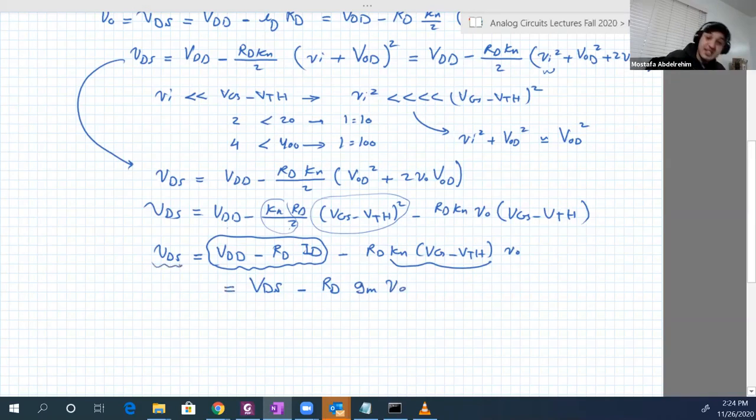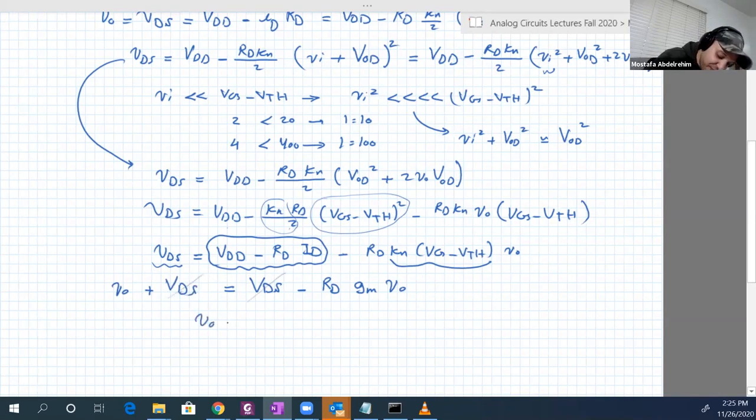Remember, this voltage VDS is the AC and DC portion at the drain, where vo is the AC portion and the DC portion is just VDS.